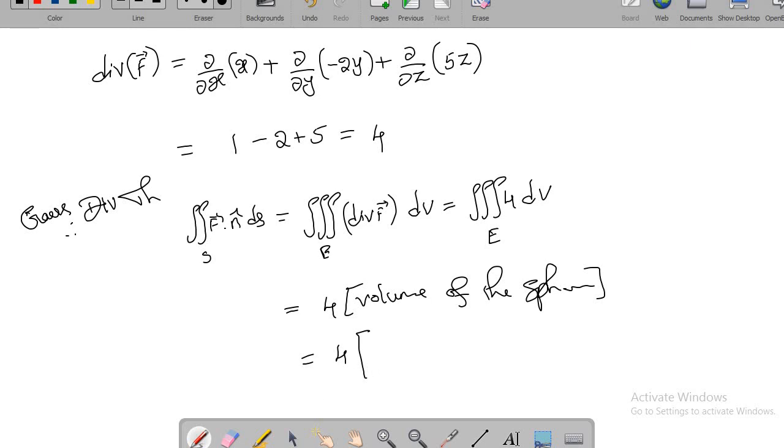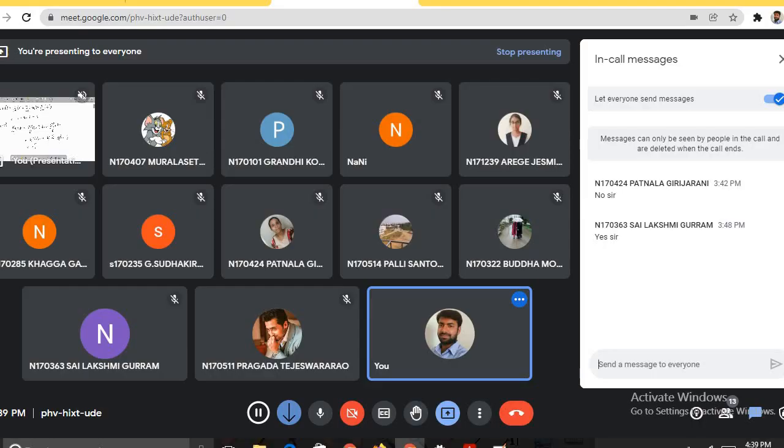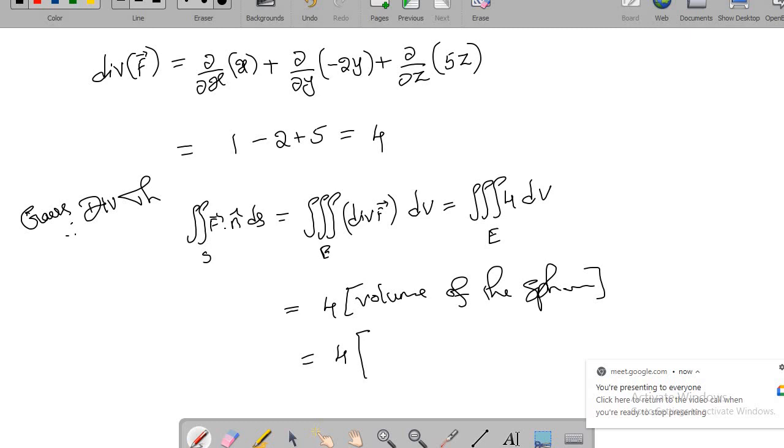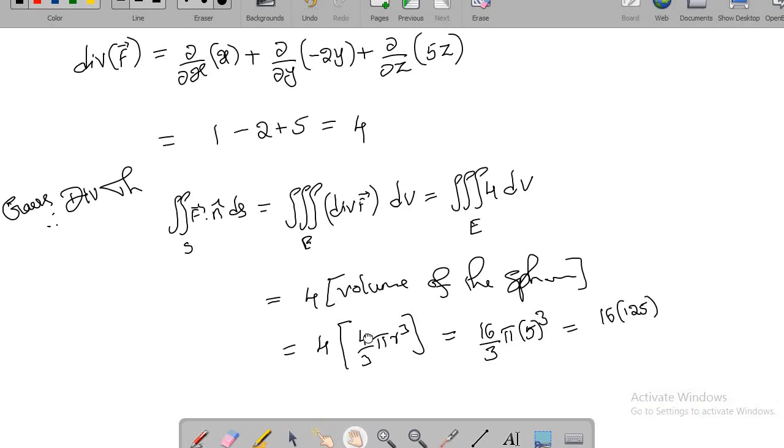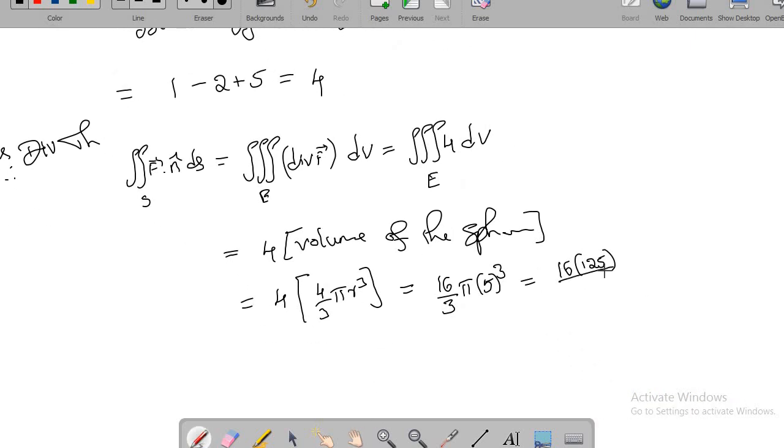What is the formula? 4 by 3 pi r cube. Yeah. So now this is 16 by 3 pi into r, and the radius is nothing but 5. So 5 cube. So this is 16 times 5 cube, which is 125, divided by 3 into pi.